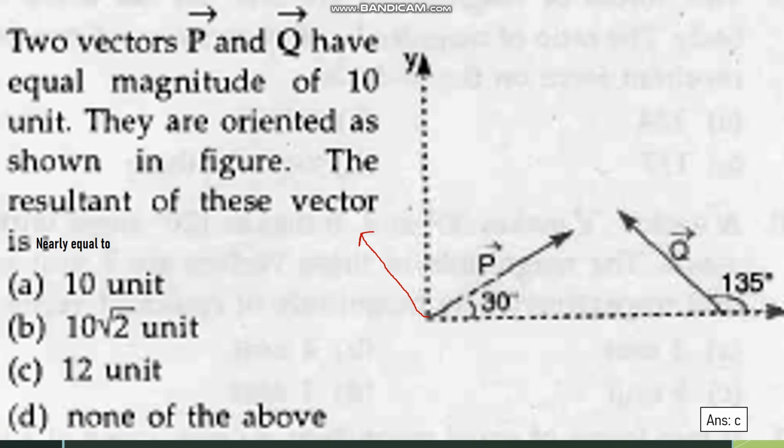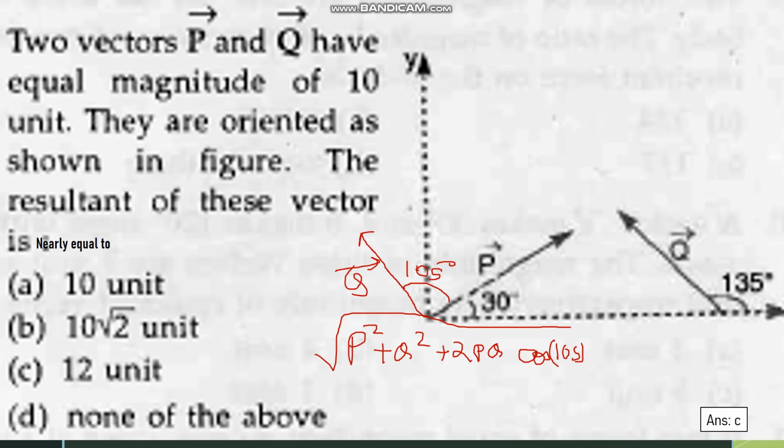Since this is 135 degree, this is 30 degree, so this angle will be 105 degree. This is Q. So we can just apply the formula root of P square plus Q square plus 2PQ cos 105. Now first let's evaluate cos 105.